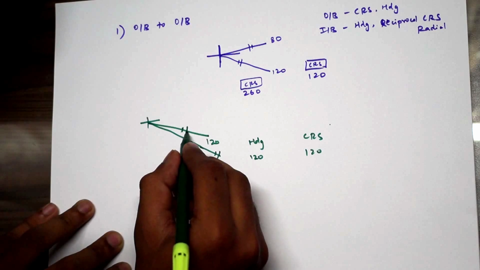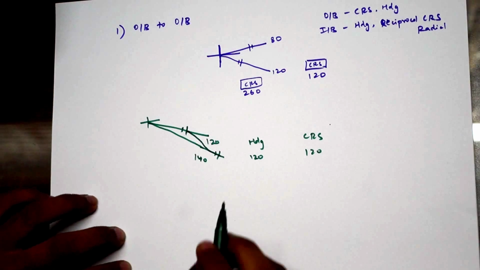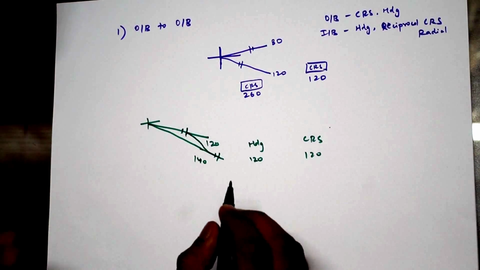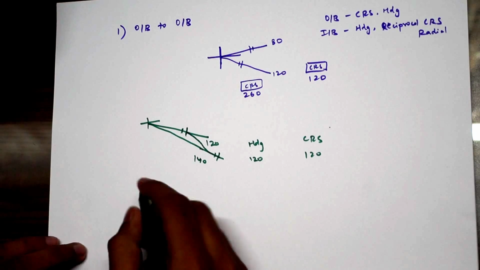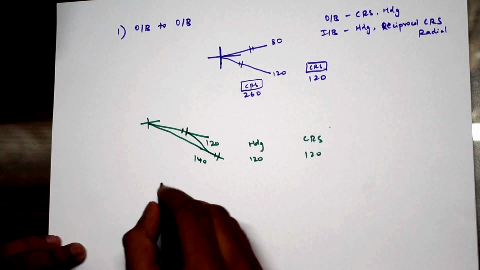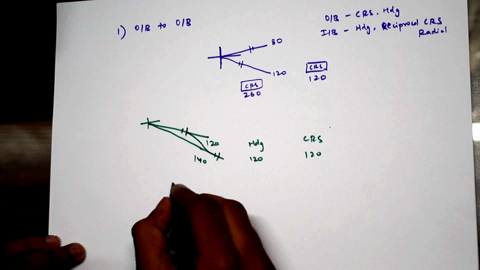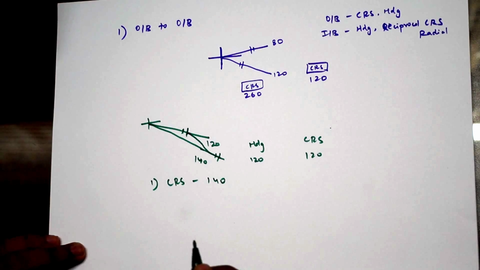So basically, the tower wants you to come like this and intercept radial 140. Alright. So now the first step is to set your course window. In this case, outbound to outbound, the first step is to set your course window to 140.